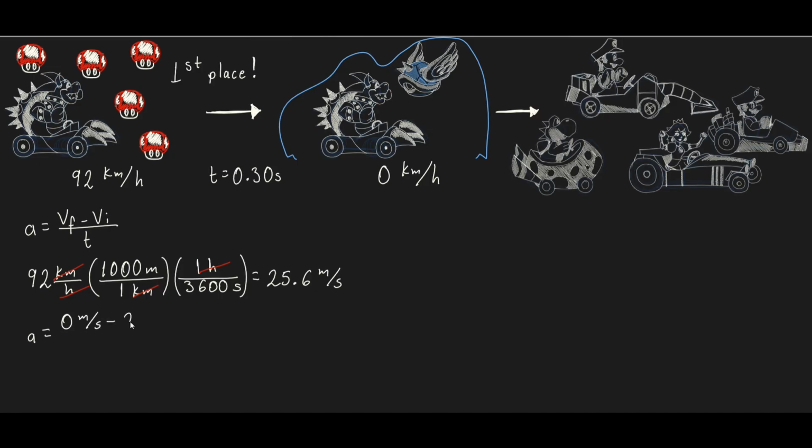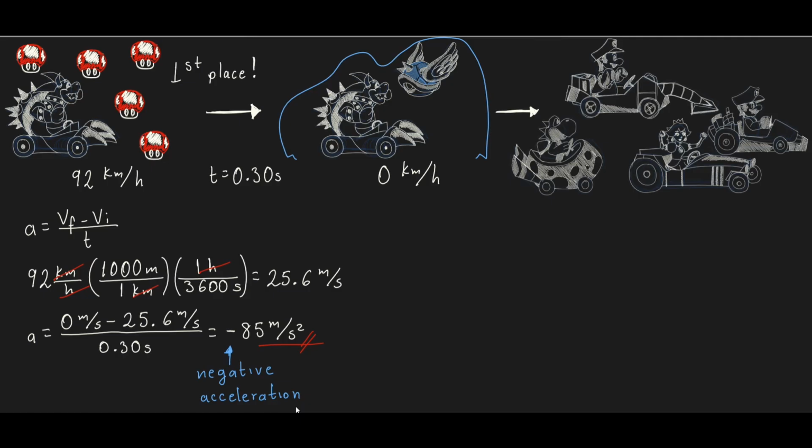Now let's assume the time it takes the blue shell to stop a car is 0.3 seconds. Bowser's acceleration is then final speed 0 meters per second minus initial speed 25.6 meters per second over 0.3 seconds. The final answer is a equals negative 85 meters per second squared.